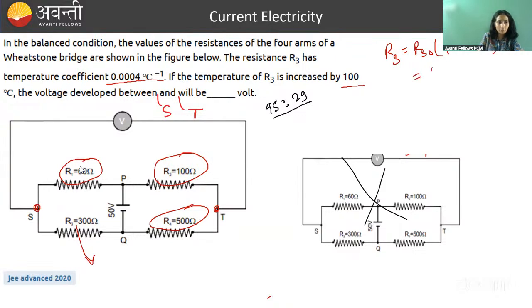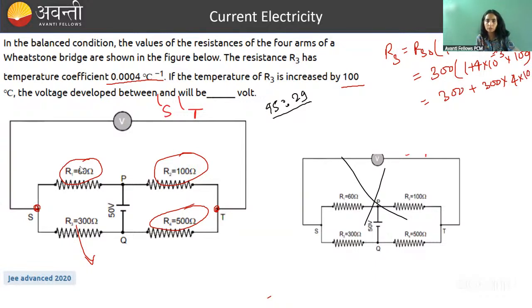So R3 naught is how much? 300. Alpha is how much? That is your 4 into 10 to the power minus 4 है यहाँ पे, ठीक है ना? 0.0004 है, डन है?